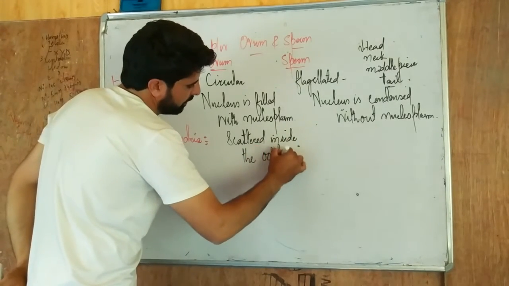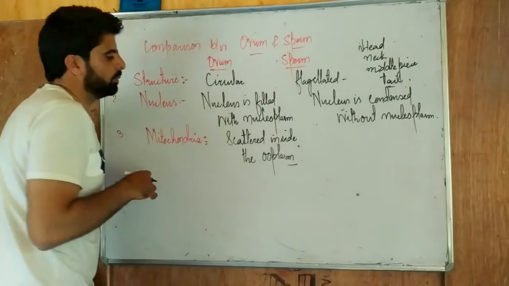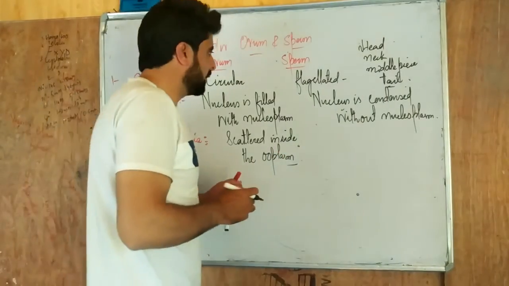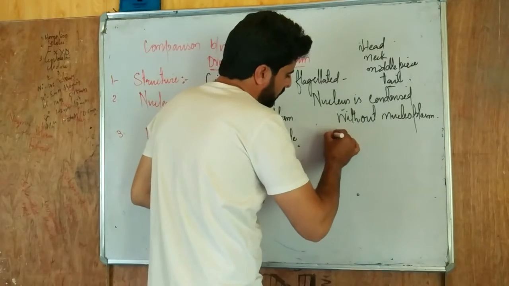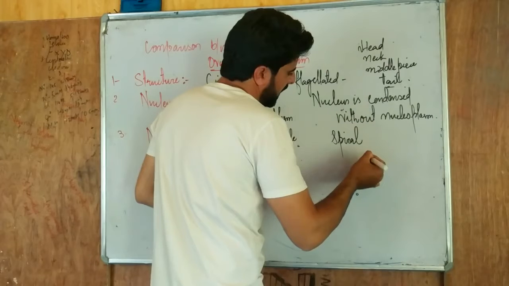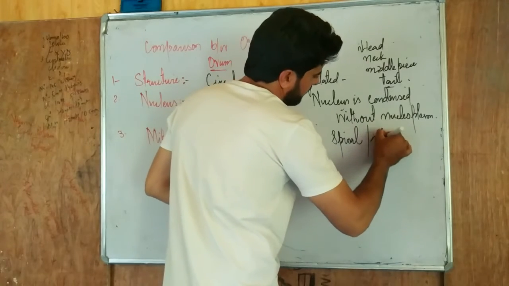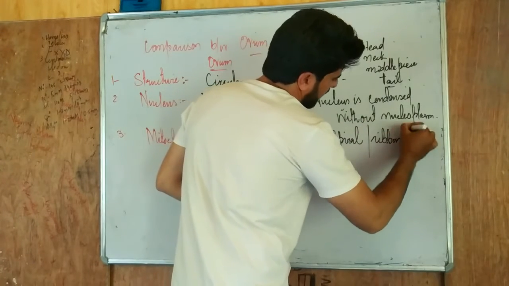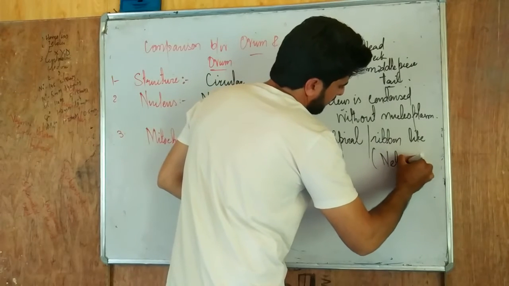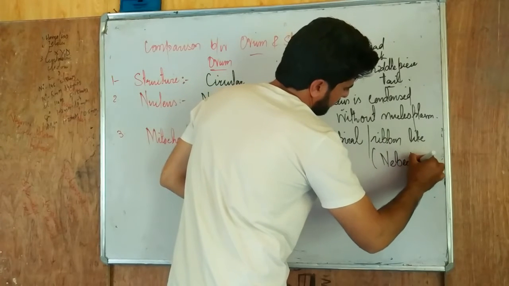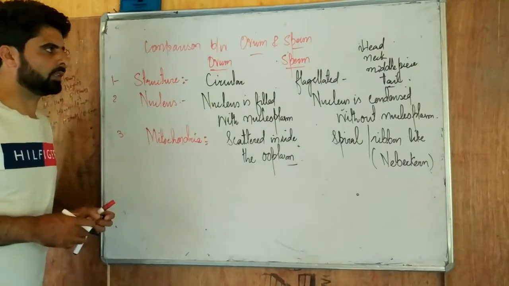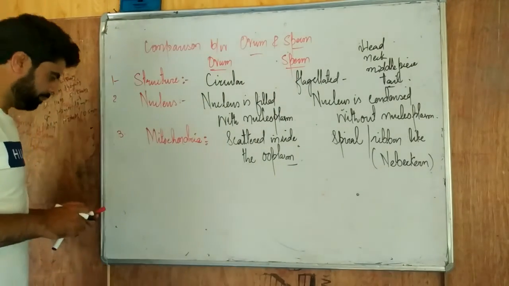Ooplasm actually is the cytoplasm of the ovum. So within the cytoplasm, the mitochondria are scattered. But in case of sperm, the mitochondria are spiral-like, or ribbon-like. We can also call them nebenkern. It's a spiral or ribbon-shaped mitochondria, which is seen in case of a sperm.